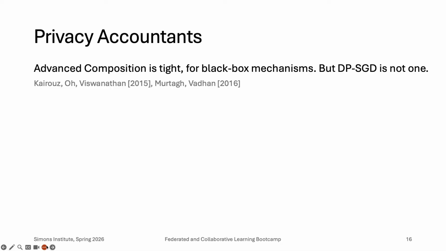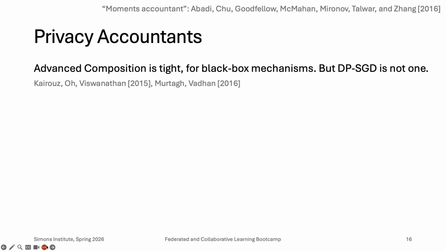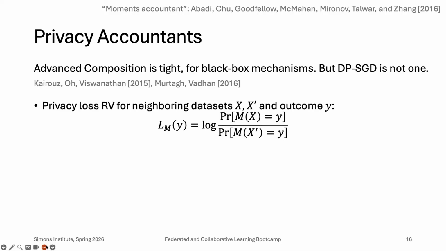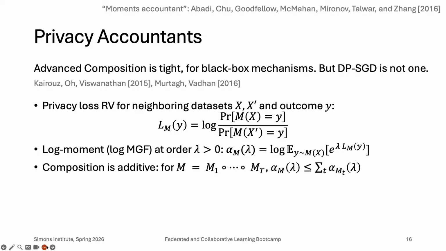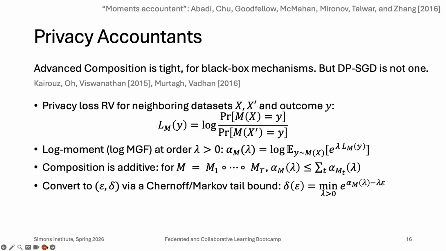And this is where this huge line of work called privacy accounting comes in, with the first one being the so-called moments accountant, where the idea is you take the privacy loss random variable, you take the log moment of that random variable, you show composition results for that, and then you convert it back into epsilon delta differential privacy.